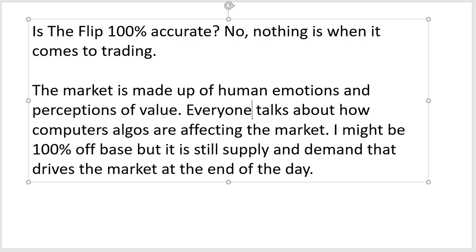Now, computer algos may be good at picking up these little crumbs, where this one's mispriced by a tick or two, and they come in and swoop it up. Okay, that's all well and good, but those aren't where trends develop from. That's just picking up the little ARB opportunities.